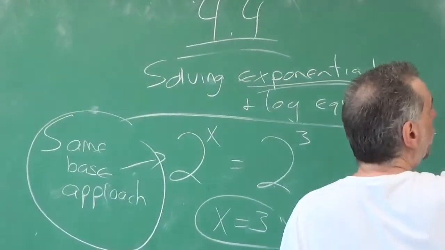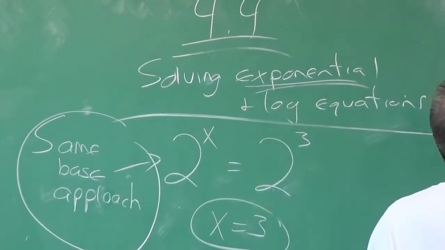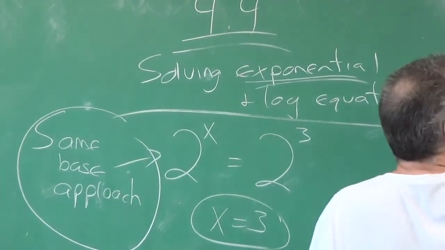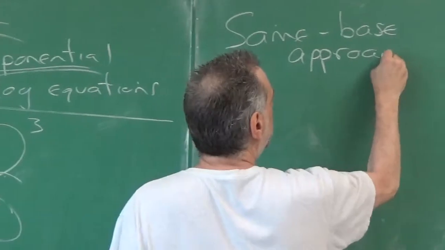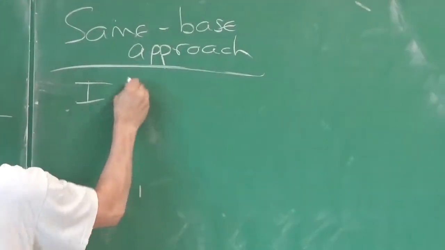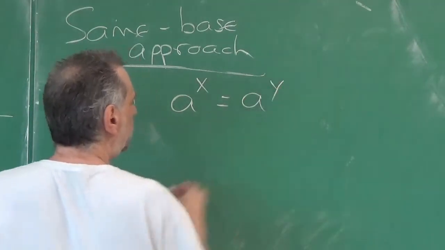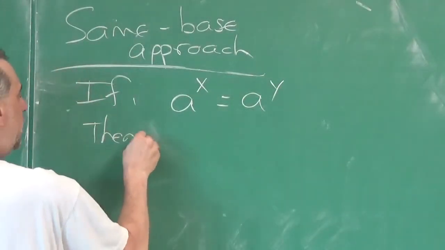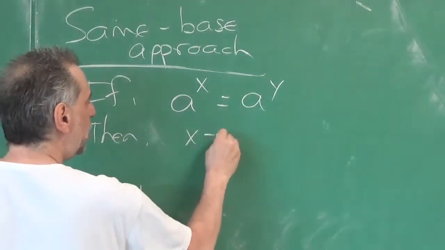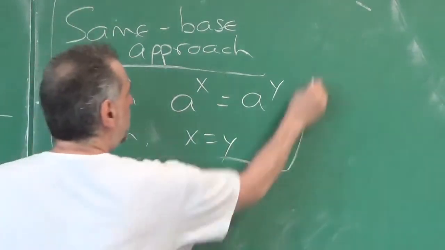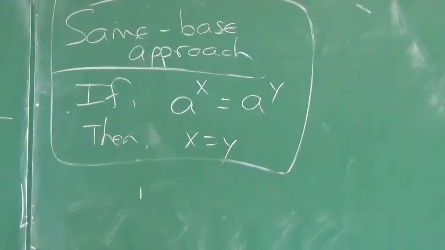So the same base approach, as an if-then statement, is: if we can create the same base and different exponents, then the exponents have to be the same. Okay, that's basically the same base approach.